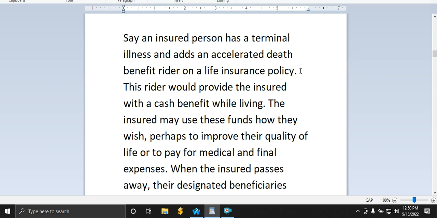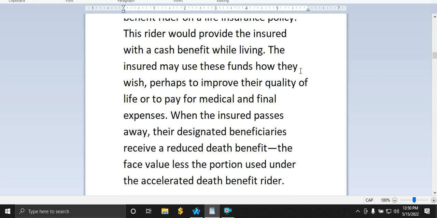The insured may use this fund however they wish, perhaps to improve their quality of life, or for medical and financial expenses. When the insured passes away, the designated beneficiary receives the death benefit, which is the face value less the amount paid under the accelerated rider benefit.